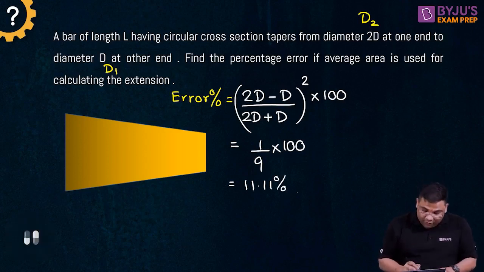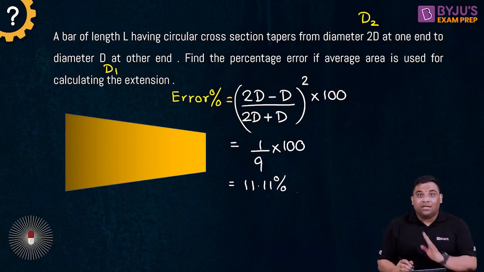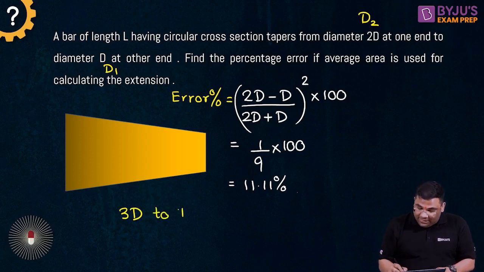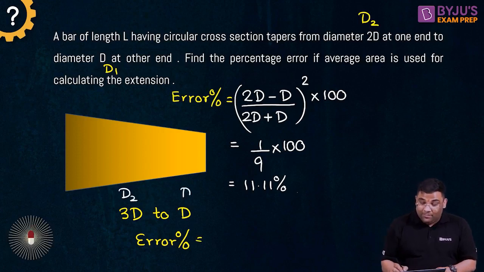If they change the question, just give some random thing. Suppose they are telling the tapering is done from 3D to D or D to 3D. Then also you can find out the error percentage, right? By just using this formula. You see, here this will become D2 and this will become D1.